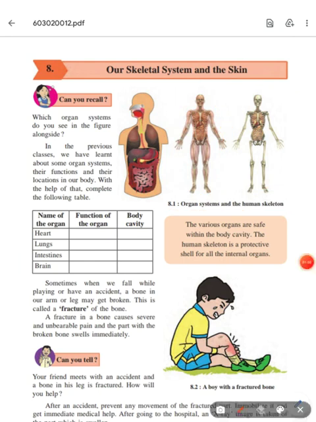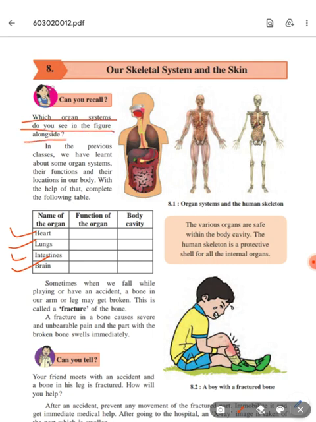Heart: where is the heart and what are the functions of the heart, what is the body cavity, lungs, intestine and brain. These are all functions we learn today in this chapter. Let's start with our questions. Which organ system do you see in this figure?